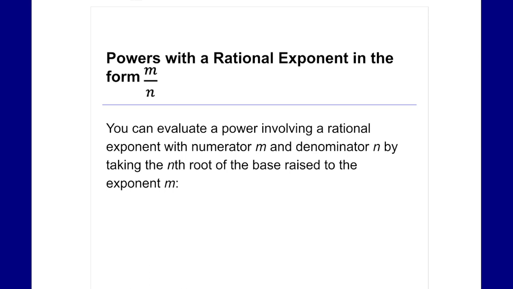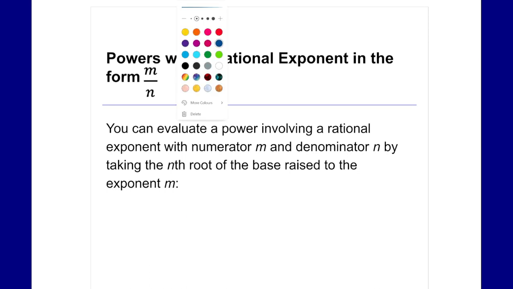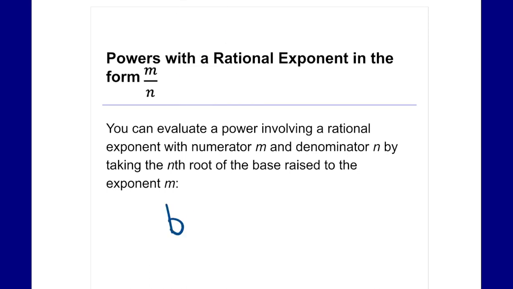So what that means is, for example, I'm going to convert back. If I have b to the power of m over n, we know it becomes the nth root, b is the base, and it's raised to the m power. This is also equivalent to the nth root of b to the power of m.